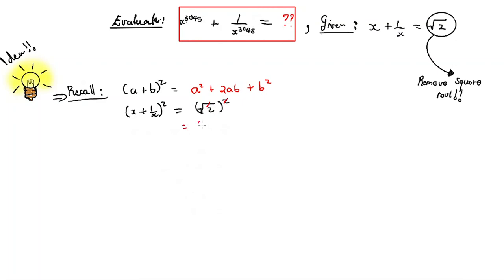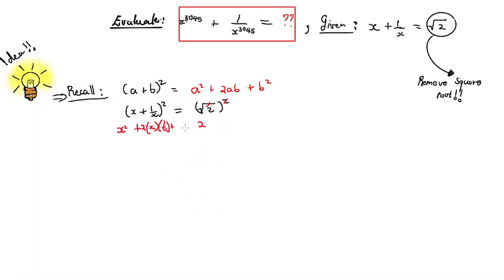We are left with 2, and squaring this binomial, we get a squared, x squared, for the first term, plus for the middle term 2 times a times b. In our case, a is represented by x, and b is represented by 1 over x, plus b squared.